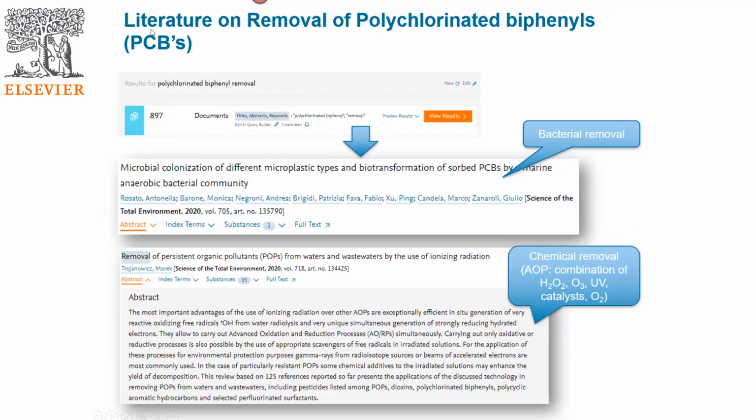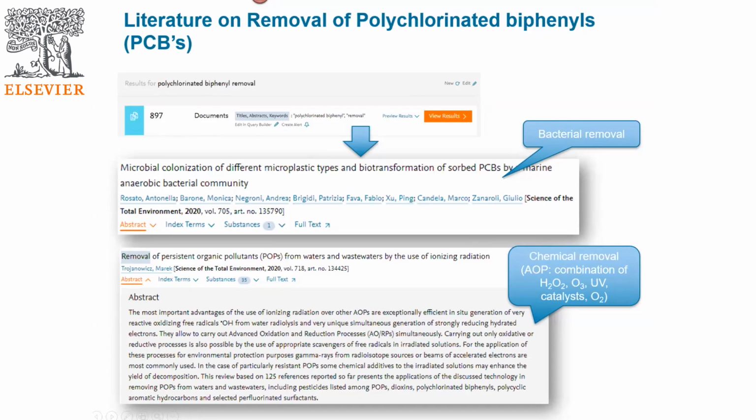What else can we see? We can use the literature search and search in documents for the word combination polychlorinated biphenyl removal. And we will find around 900 documents, and analysis of them will show us that one of the key approaches is to use bacteria, and the second very often approach is to use chemical removal, particularly advanced oxidation processes.